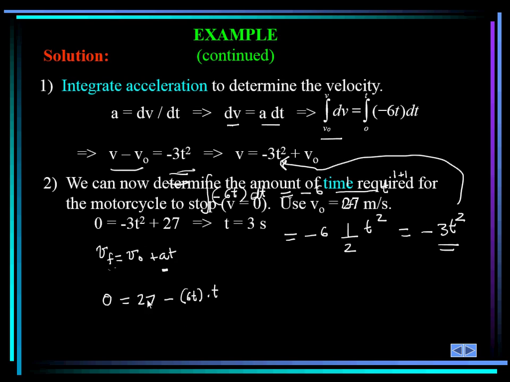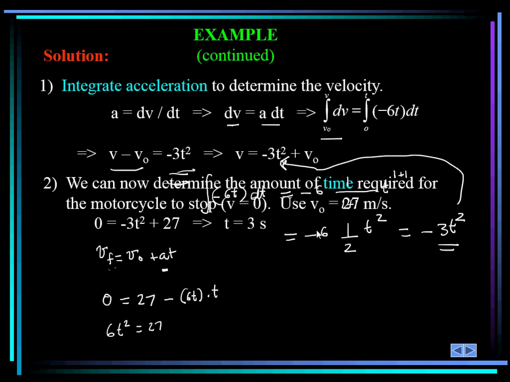So moving this equation around, this would be 6t is equal to 27, right? No, 6 is 3t squared. I am not doing well here.